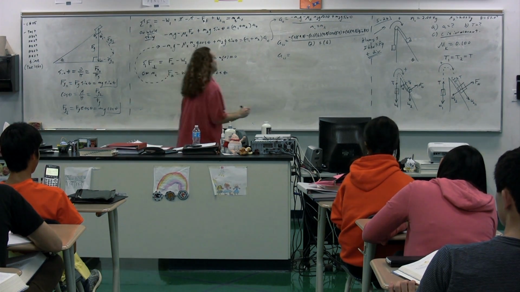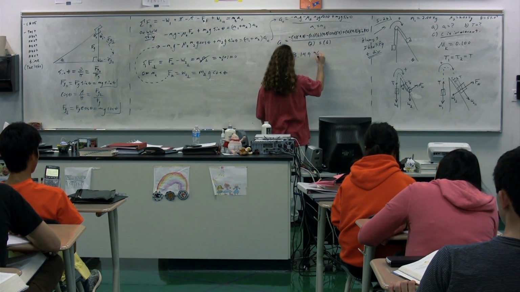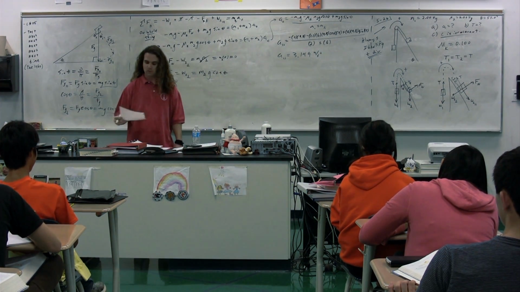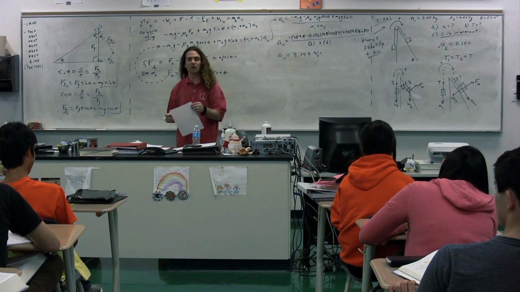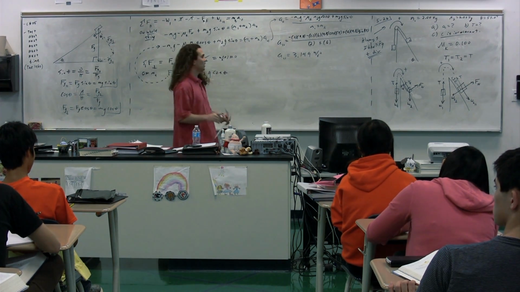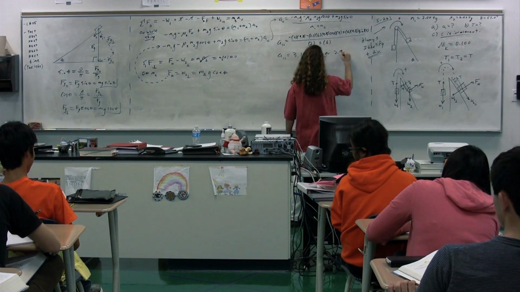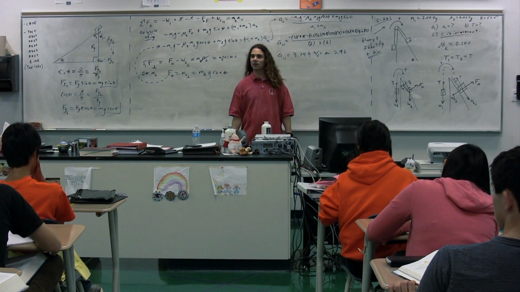3.149. Say again? 3.149. I don't know what the whatever means, but that's what we got. I got 2.96. Uh-oh. Always fun when we have an or on the board.